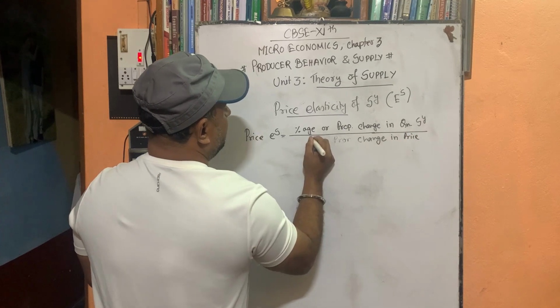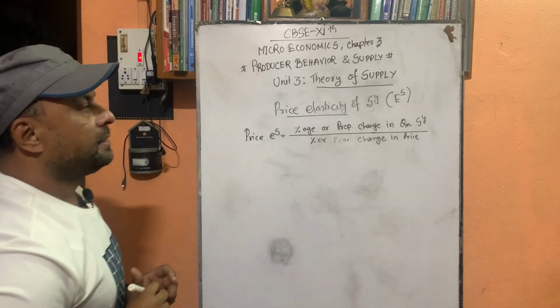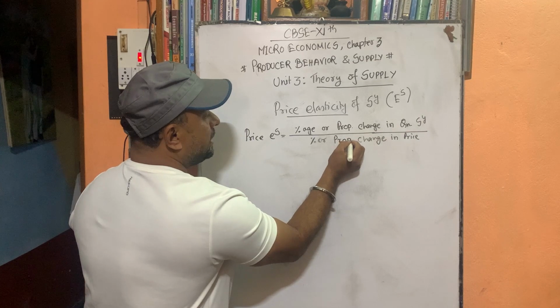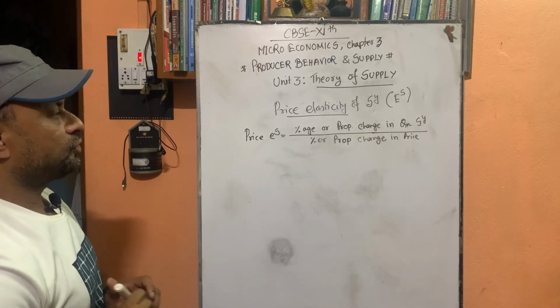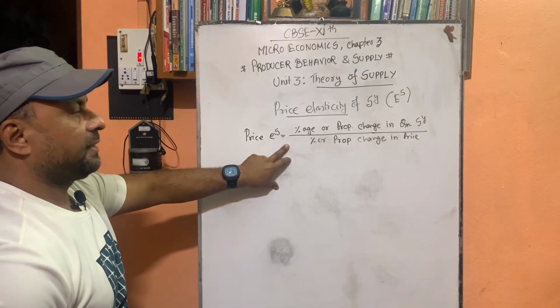This is price elasticity of supply. The ratio between the percentage or proportionate change in quantity supplied and the percentage or proportionate change in price. Okay.